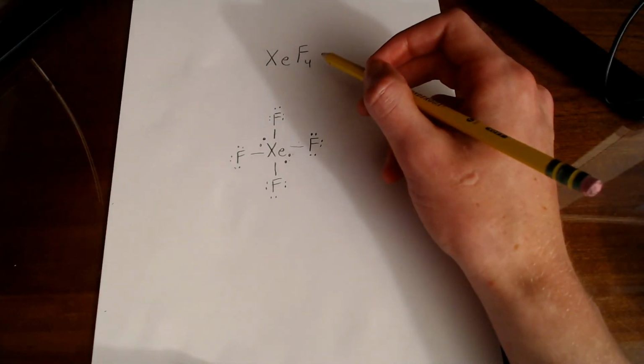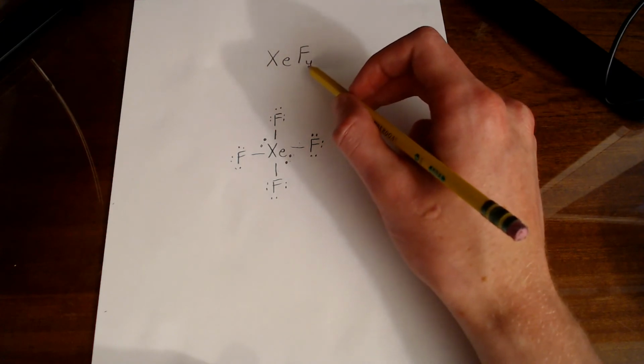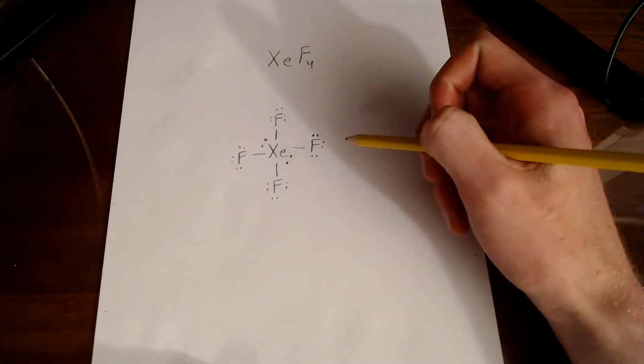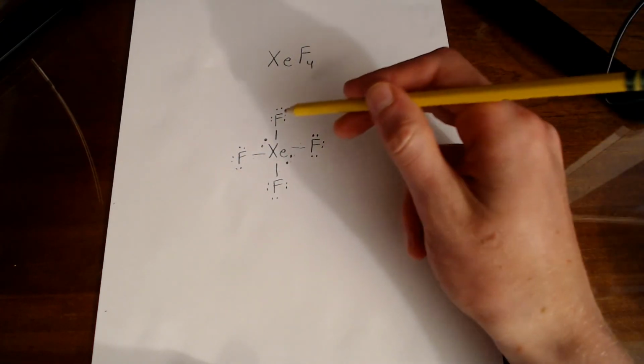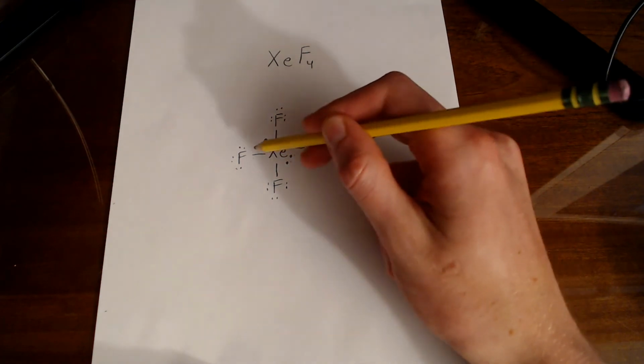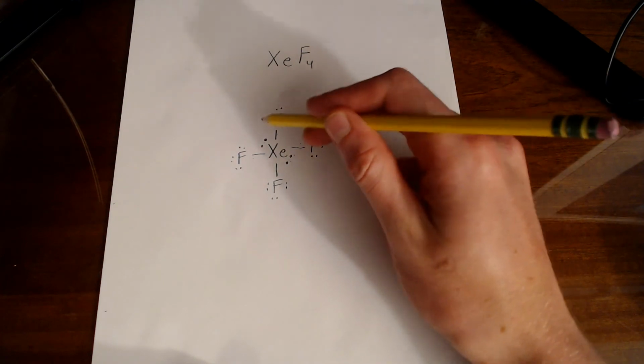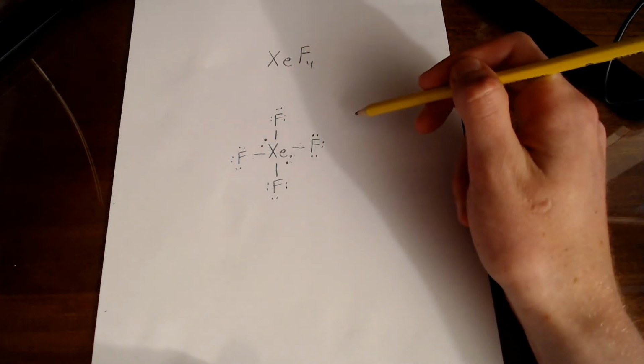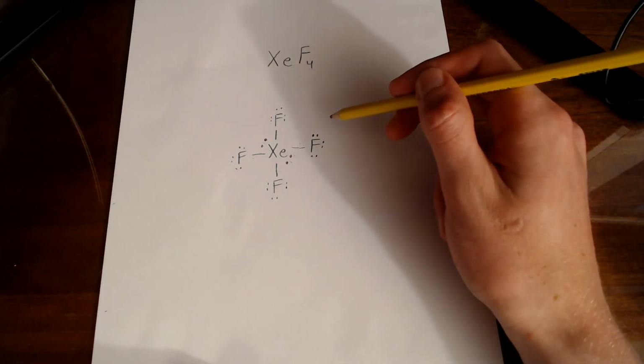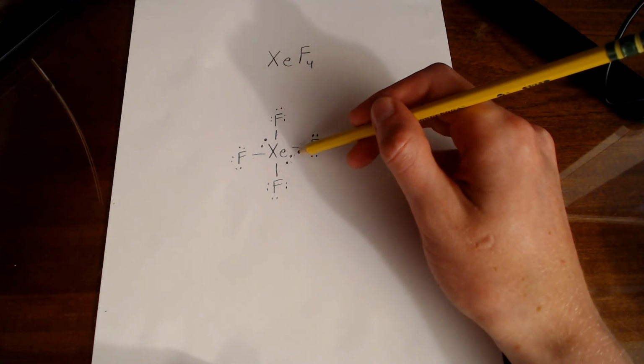You can also obtain these VSEPR shapes from drawing Lewis structures. For example, for the molecule XeF4, we have the following Lewis structure. We have 1, 2, 3, 4 pairs of bonded electrons and 1, 2 pairs of unbonded lone pairs of electrons.